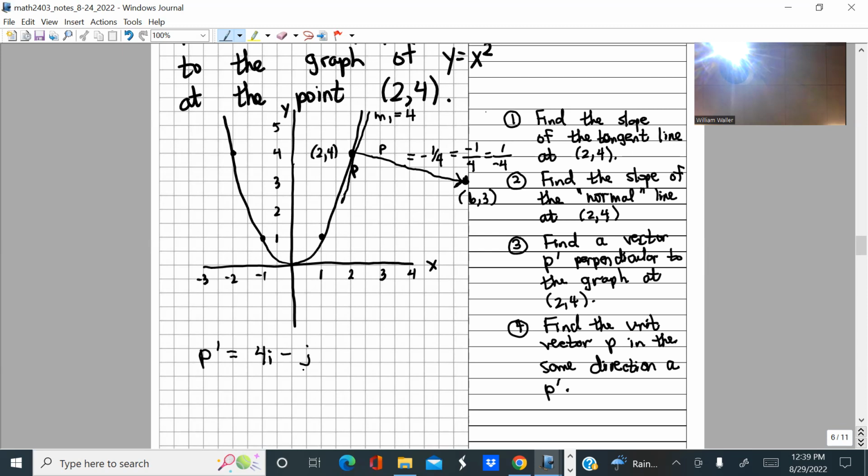And if you unitize that, the magnitude of that vector is square root of 17. So you get the final answer here: P is 4 over square root of 17 times i minus 1 over square root of 17 times j.